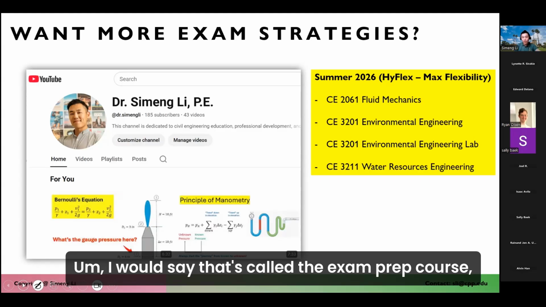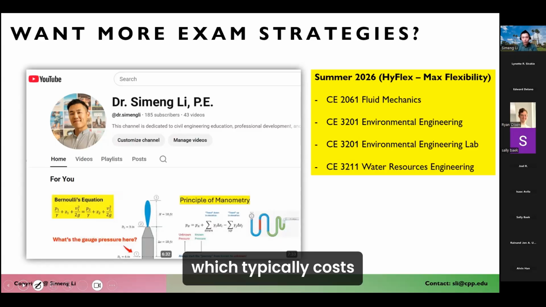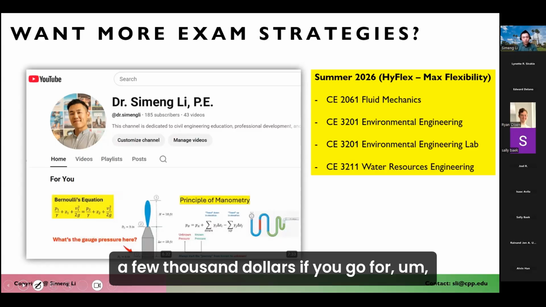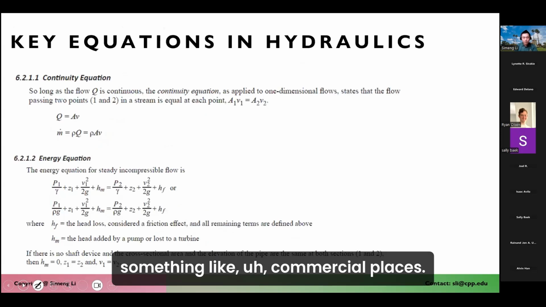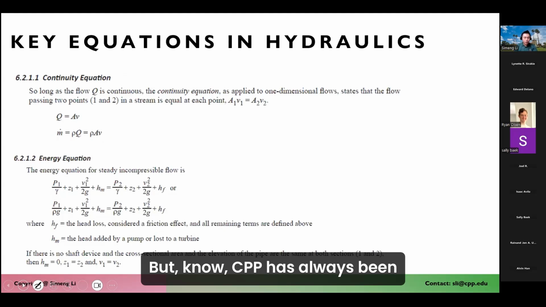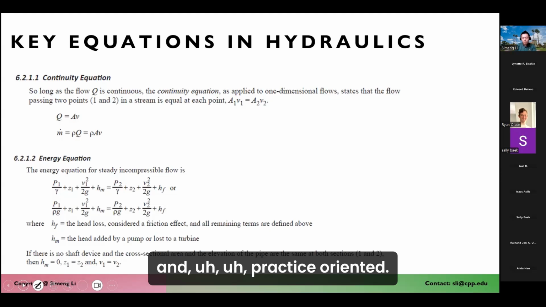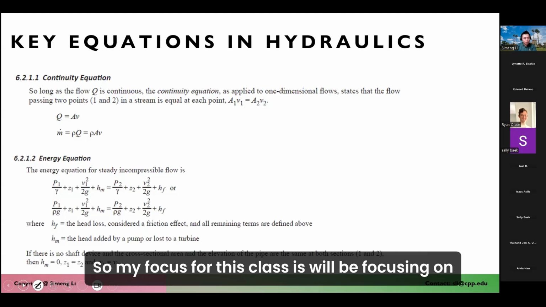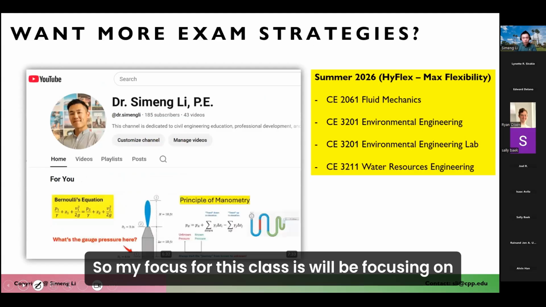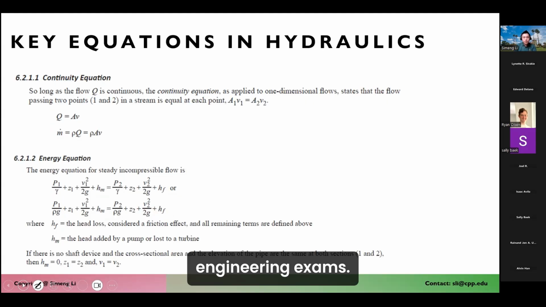I would say that's called an exam prep course, which typically costs a few thousand dollars if you go for something like commercial places. But CPP has always had that reputation of being practitioner friendly and practice oriented. So my focus for these classes will be on engineering exams.